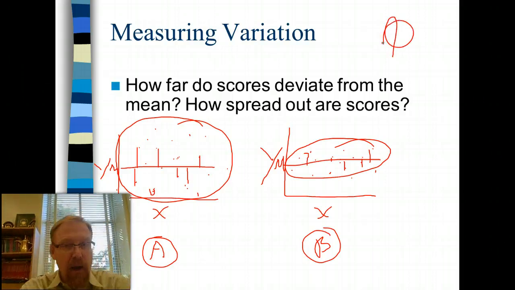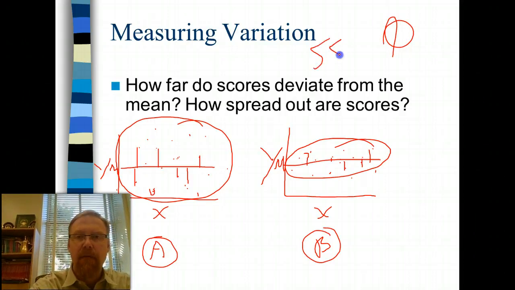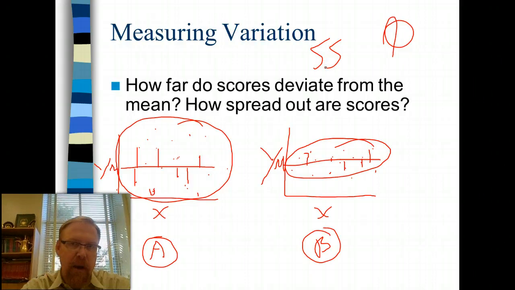But if we square those deviations before we add them up, we come up with something called the sum of squares. The sum of squares was a way for us to talk about how big the variation was when we were talking about measures of central tendency. Well, we're building on that now. Let me erase my ink. There we go.